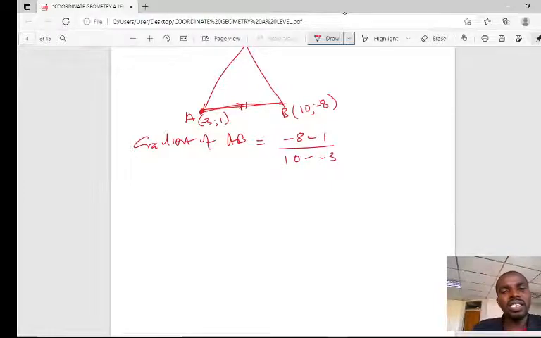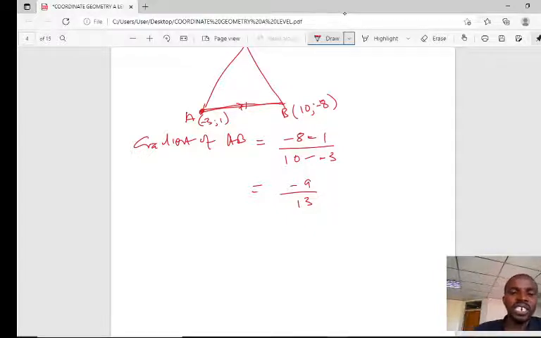So it will be equal to minus 9 over 10 minus minus 3, which is actually 13, because 10 minus minus 3 is 10 plus 3, which is 13. Now we have the gradient.